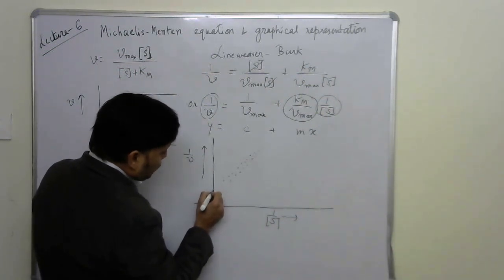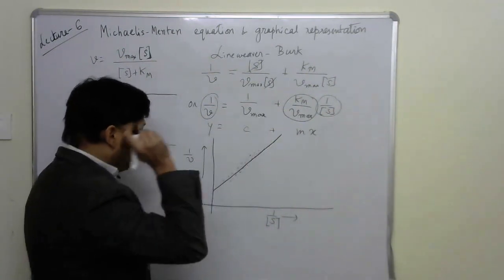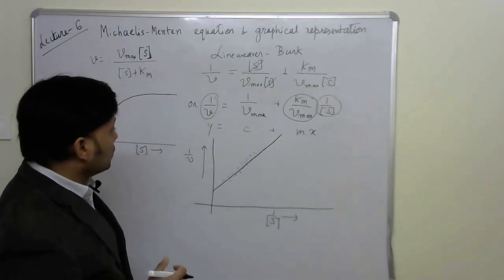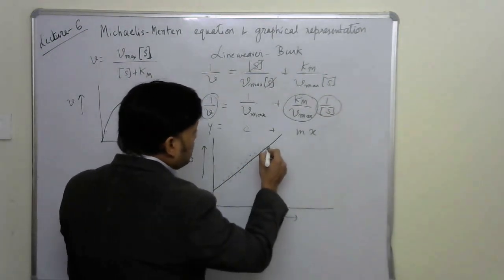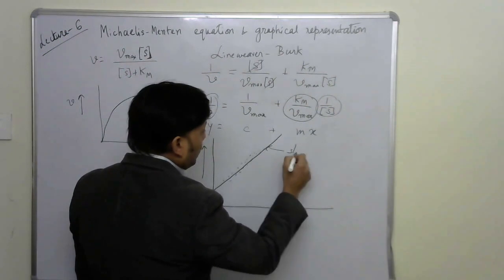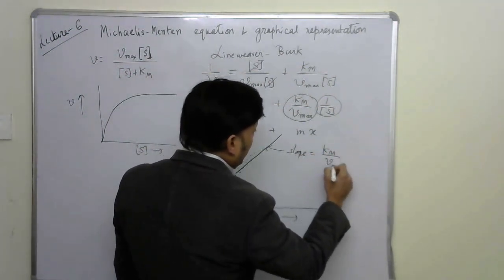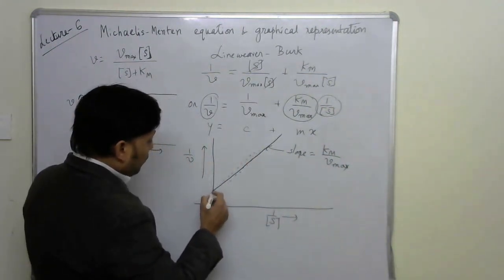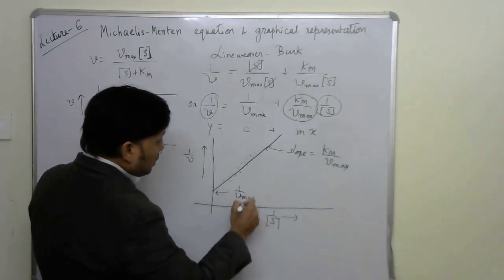By drawing a best fit straight line of those obtained data points of 1 over V versus 1 over S plot, we get a straight line. From the slope we can easily calculate this value Km divided by Vmax, and the intercept over here we know already is 1 over Vmax.